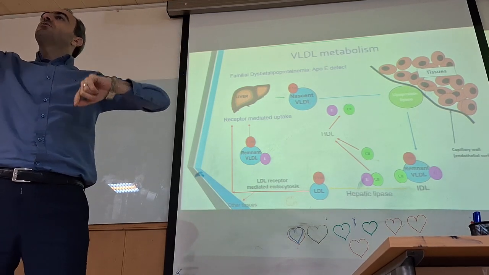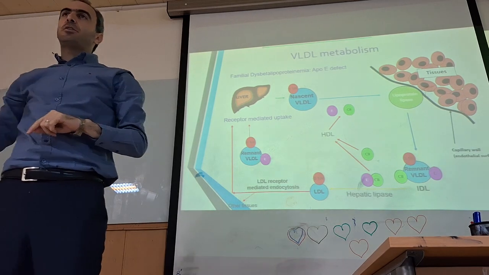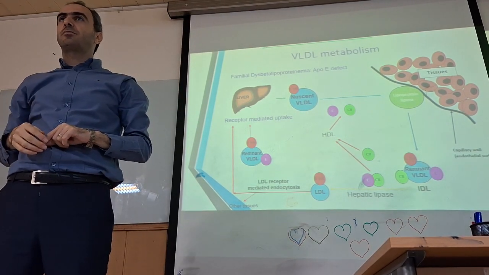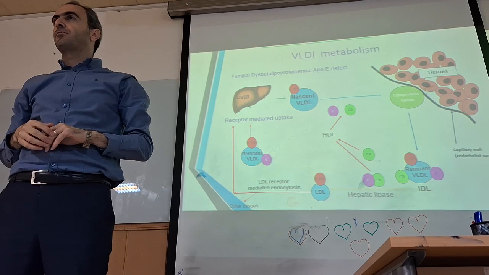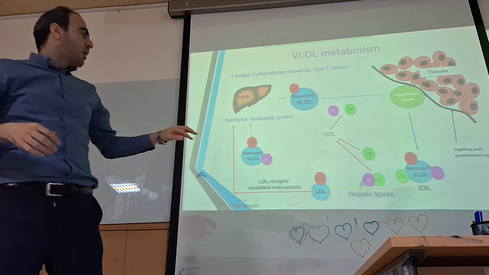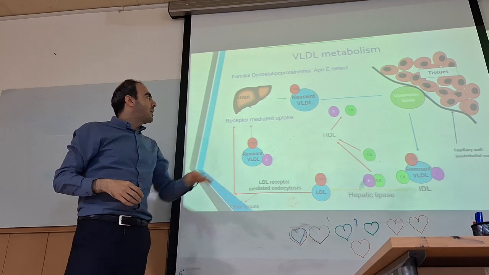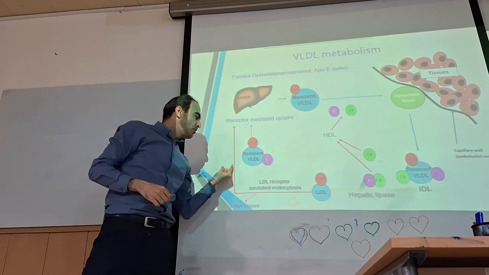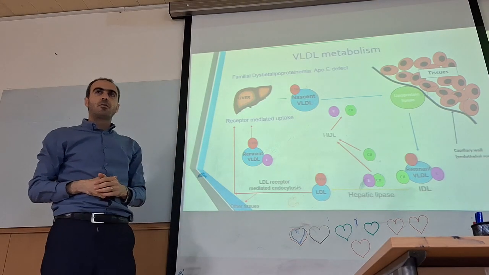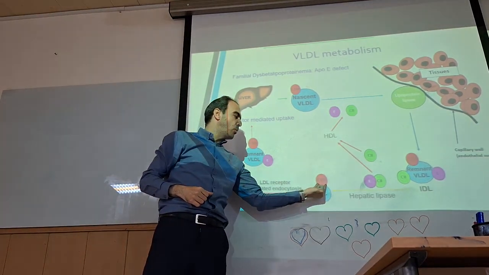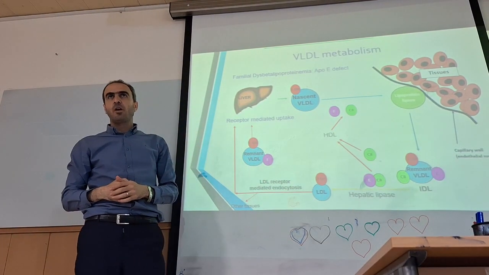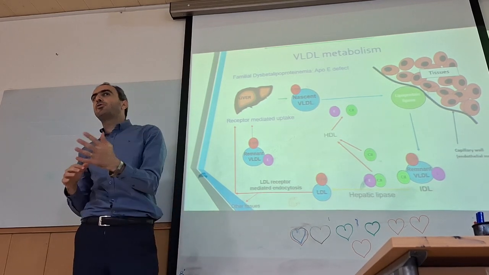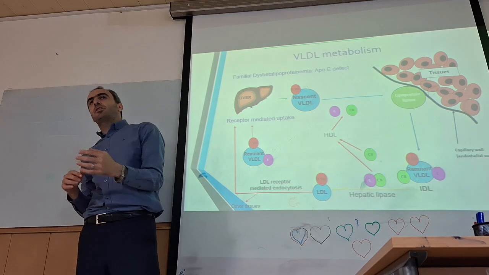One of them is going to the extrahepatic tissue, to heart, muscle, and other tissue, including steroid hormone synthesis tissue. And one part is uptaken by liver through the LDL receptor, which binds to the ApoB100. But most of the LDL goes to the extrahepatic tissue.